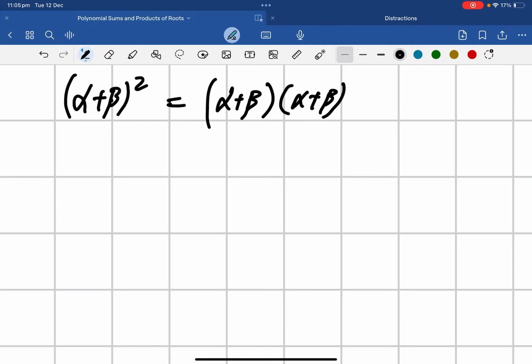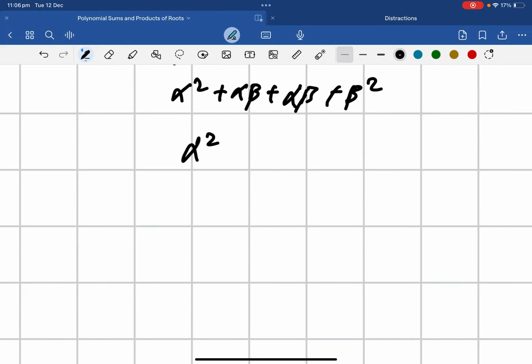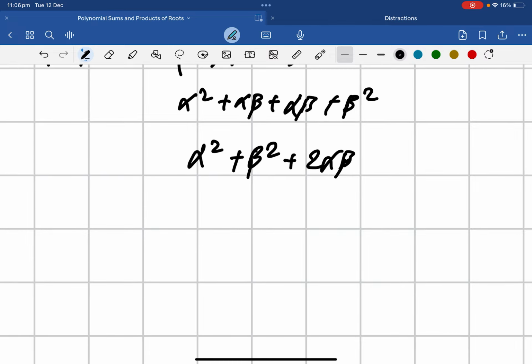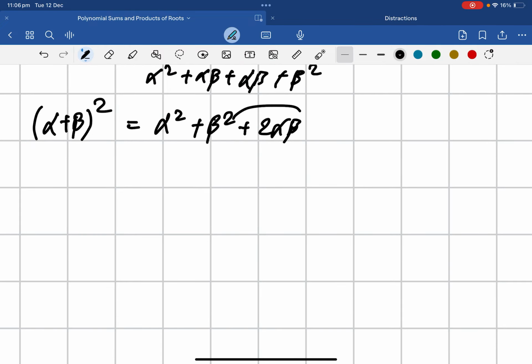Then you multiply it out. Alpha squared plus alpha beta plus alpha beta plus beta squared. So it's alpha squared plus beta squared plus 2 alpha beta, right? Now this is equal to alpha plus beta whole squared, right? Got it? Now, do you see the link?